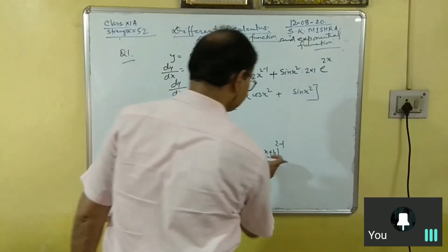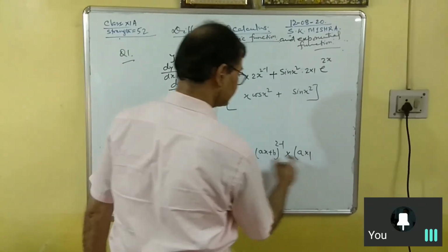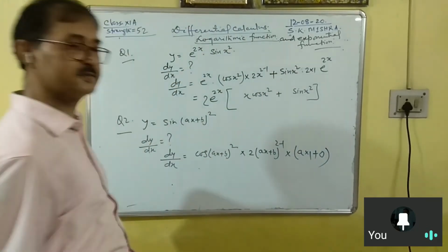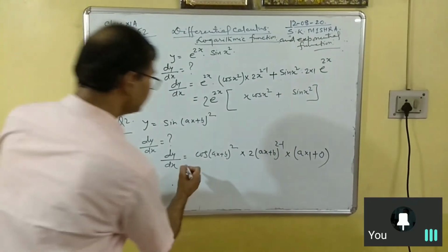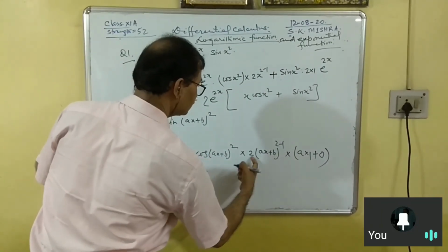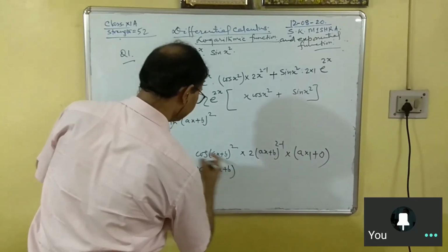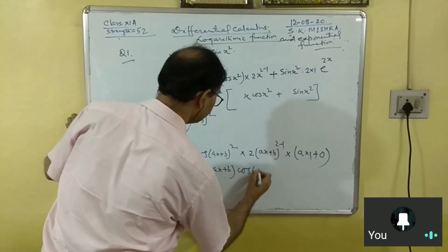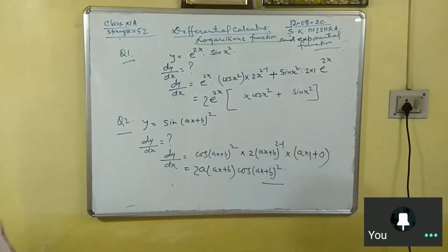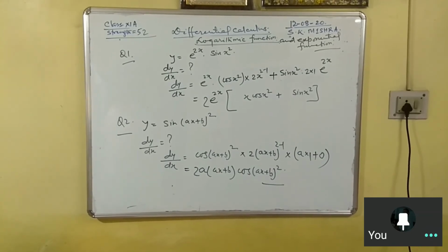Differentiation of ax+b is a, differentiation of x is 1, plus differentiation of b alone, no x, so it is 0, constant. Then your final result is a into 2, 2a(ax+b), and then cos((ax+b)²) is the differentiation: 2a(ax+b) cos((ax+b)²).